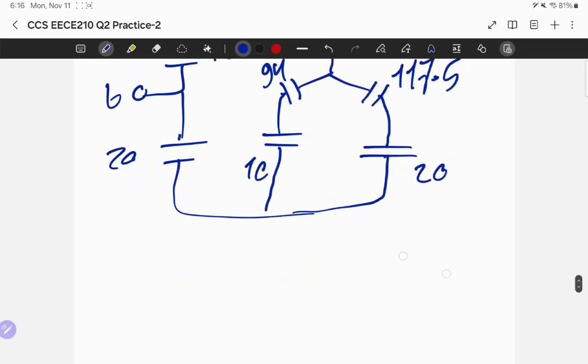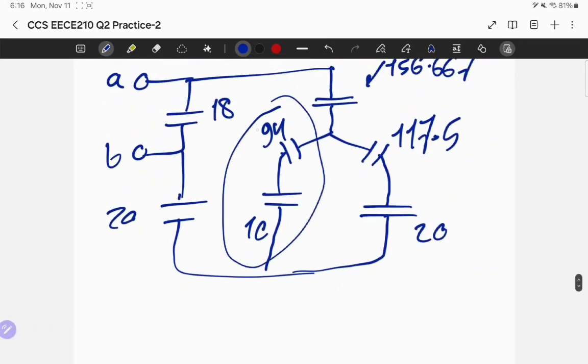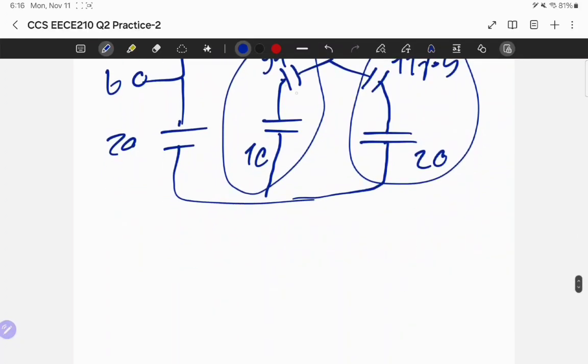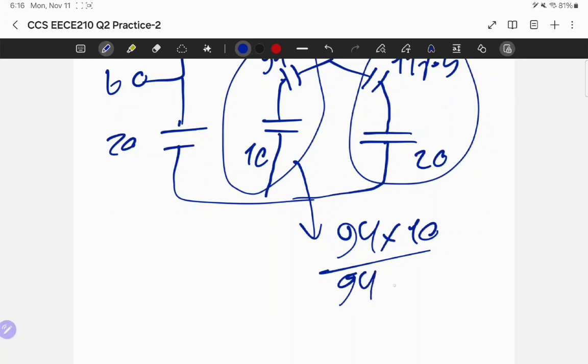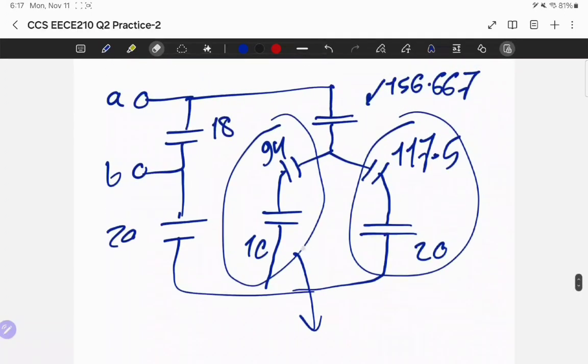Okay, now the second step is to combine these in series and combine these in series, and to combine them we use the parallel connection. So combining these is 94 times 10 over 94 plus 10. And same goes for the other branch. They're also in series, so I apply the same formula.